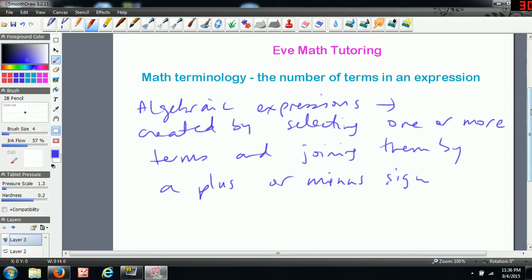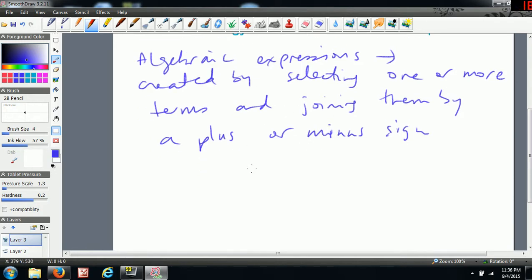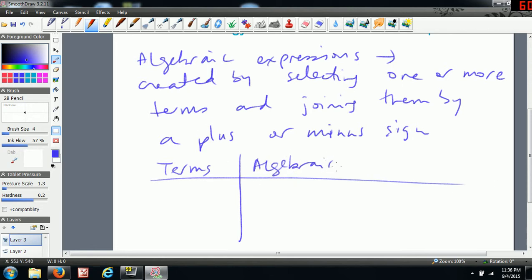So for example, if you have the terms 3p and 22, an algebraic expression could be something like 3p plus 22. And we see algebraic expressions in equations.